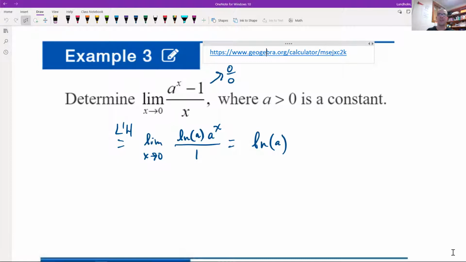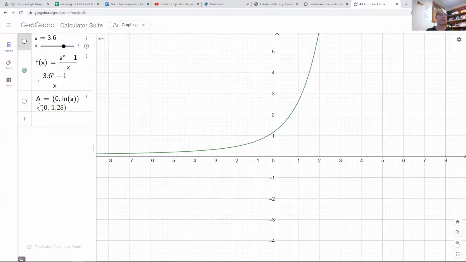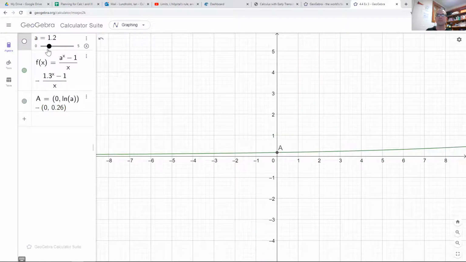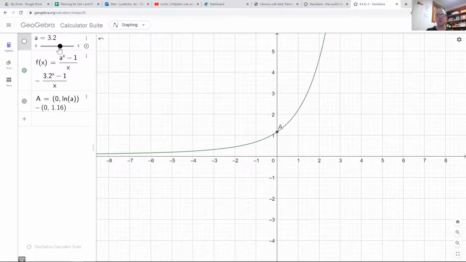And what I had on the GeoGebra demonstration is, if you put in a point at (0, ln of a), it perfectly fills in that removable discontinuity. Cool.